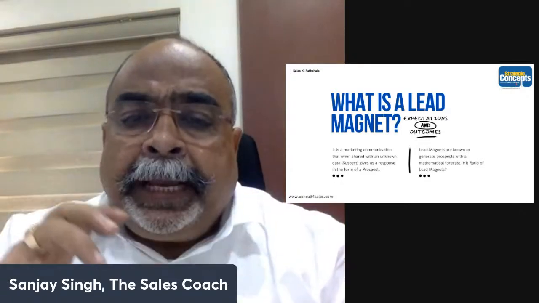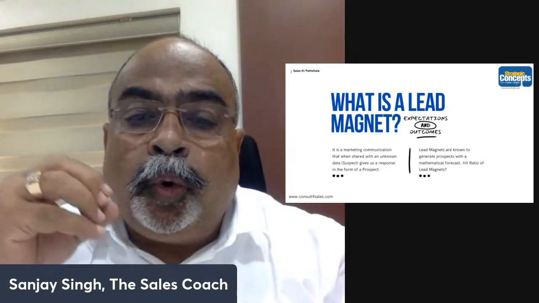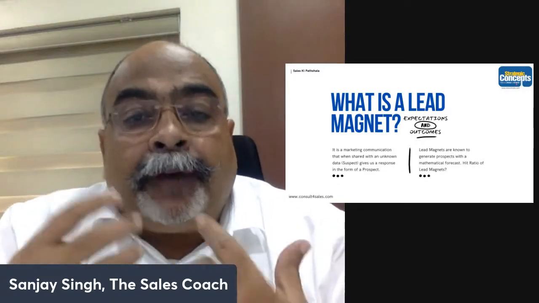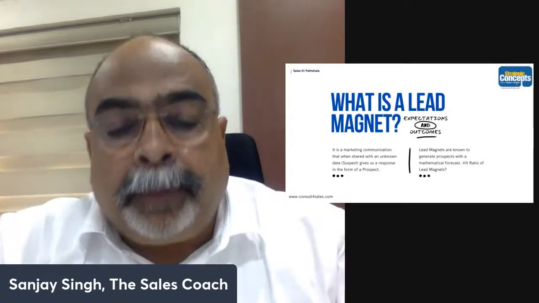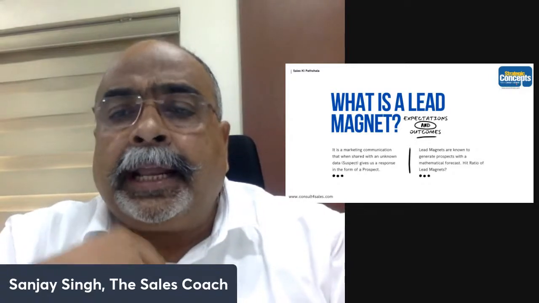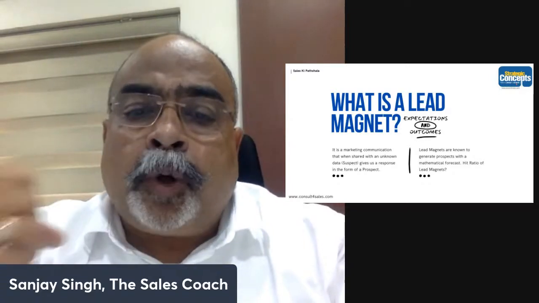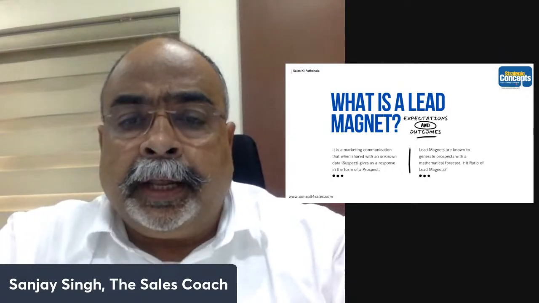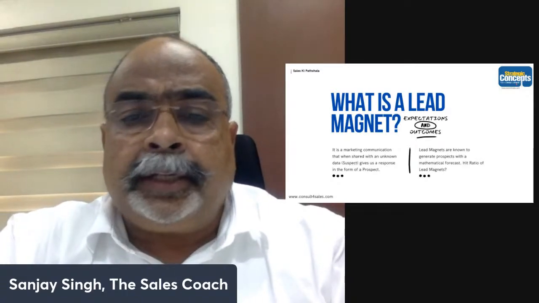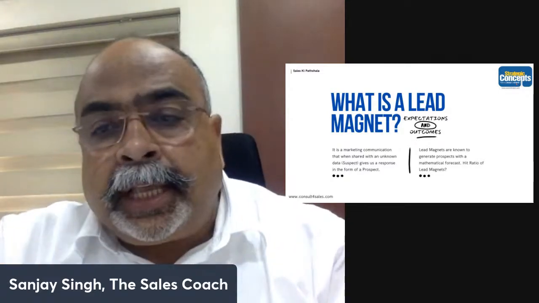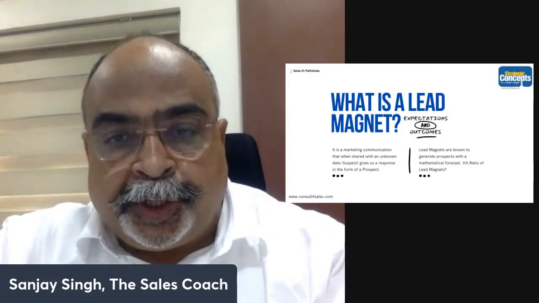Now, suspect is a person whom you have a suspicion that this person can become my customer. If I'm selling real estate, then I have a suspicion that a doctor could be my customer. I also have a suspicion that someone in the electricity department of government could be my customer. On what basis I have this suspicion can be my own logic.